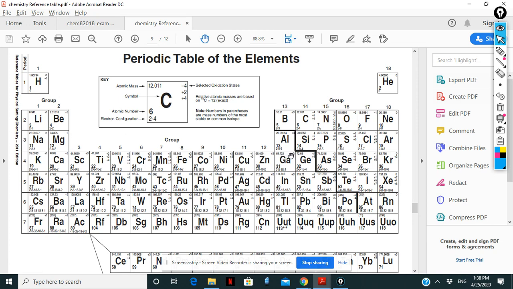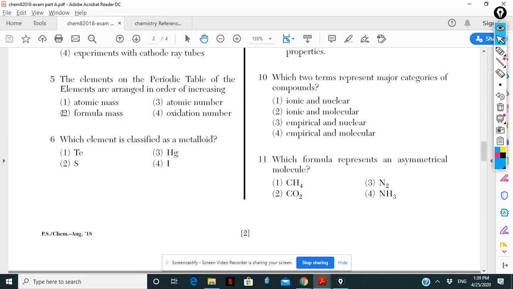So the proton for us is like the ID. And if you still remember about isotopes, some atoms or elements have different numbers of neutrons. But how do I know they are the same? The number of protons. So I'm bound to the number of protons, which is shown by the atomic number. So the answer is 1.